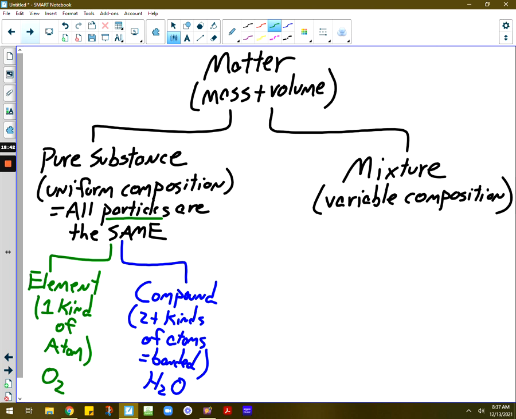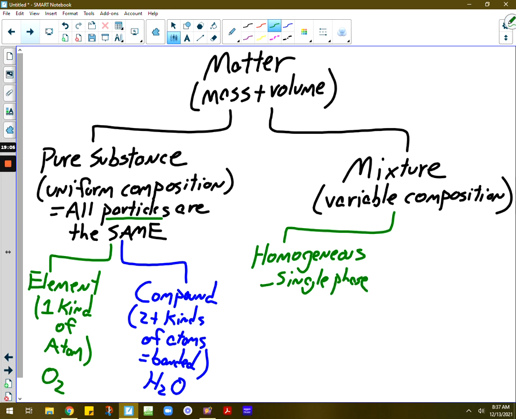And my mixtures are divided up into 2 big groups also. They're divided up into homogeneous mixtures. Homogeneous mixtures exist in a single phase. Either they're all solid, all liquid, or all gas.